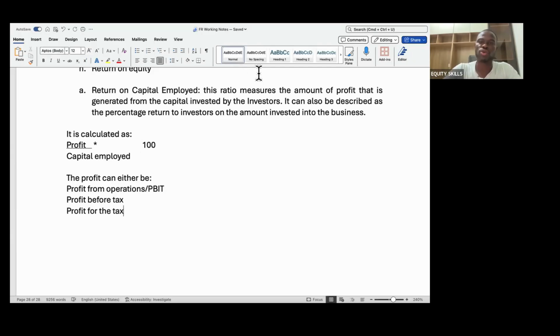These are the three commonly used profits when you want to compute your ROCE.